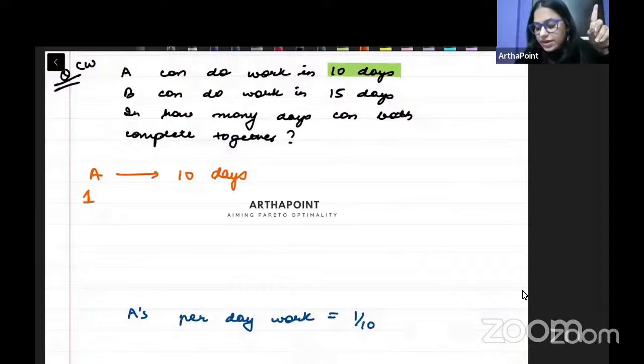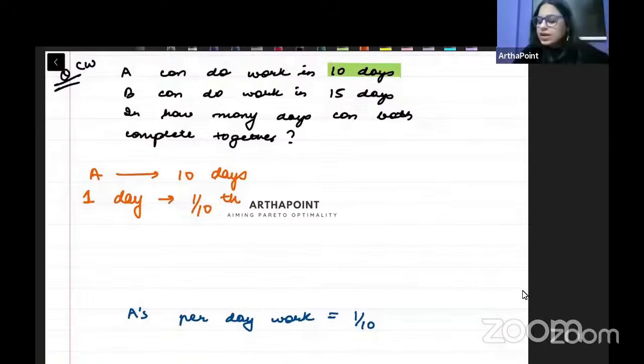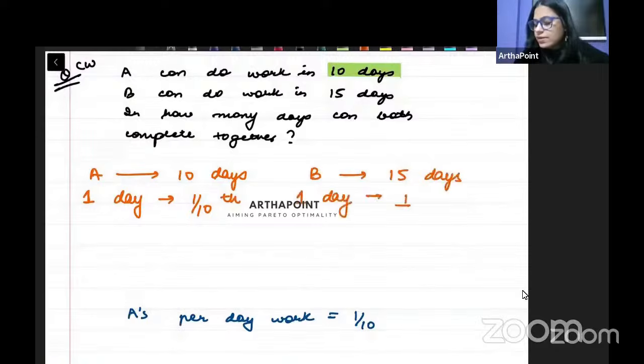So in 1 day, how much task can he do? 1/10 of the task. Similarly, if B can do the task in 15 days, so in 1 day, how much task can he do? He can do 1/15 of the task. Right? So, अब मैं इन दोनों को एक साथ रख रही हूं.